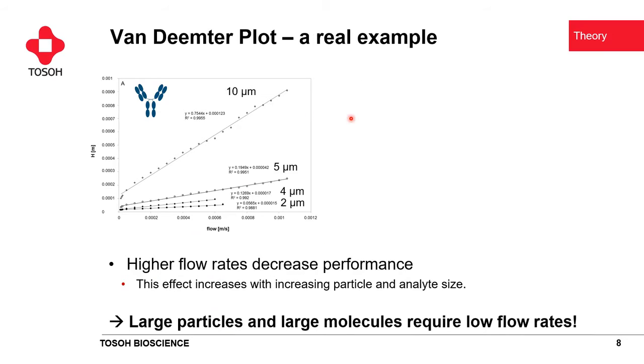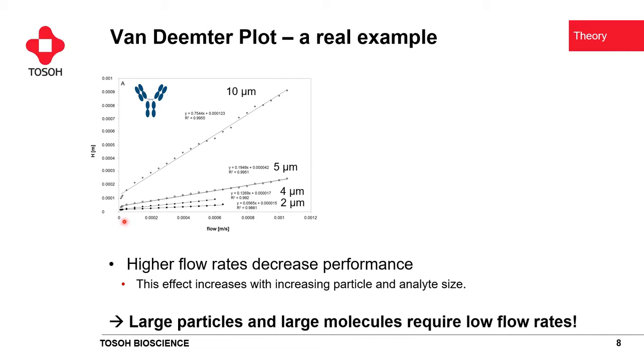For everyone for whom it was a little too theoretical now, here is a Van Deemter plot filled with a real-life example. Again, we see the plate height and the flow rate, in this case, and we analyze the monoclonal antibody on 4 different columns that only differ in the particle size, meaning from 2 up to 10 micrometers.